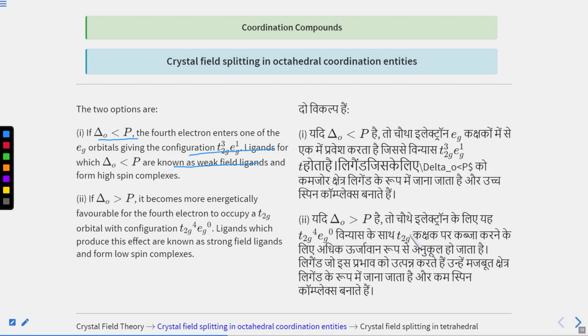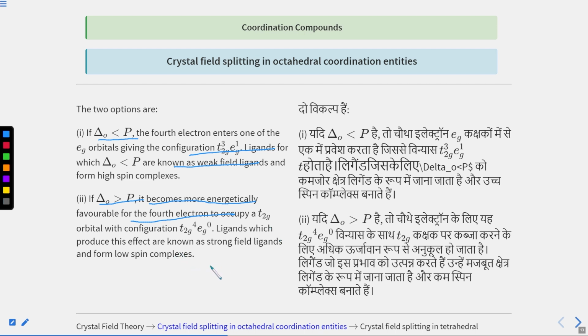Clear? Now, if delta O is greater than P, it becomes more energetically favorable for the fourth electron. Means the fourth electron can be now more energetically stable if it occupies a T2G with configuration T2G4. Means pairing will take place. So I have told you if delta O is greater than P, then pairing will take place.